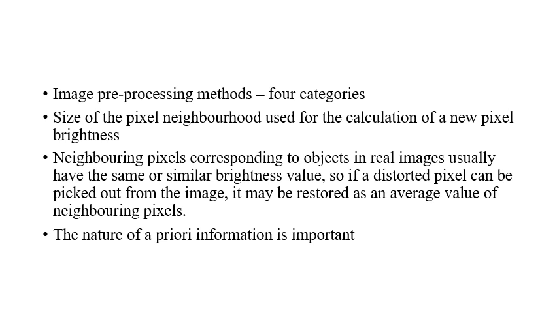Image enhancement and image restoration are some of the major ways in which image pre-processing is usually done. There are mainly four categories, and this categorization is based on the size of the pixel neighborhood that is used for the calculation of the new pixel brightness. We are going to see that in the further sections.